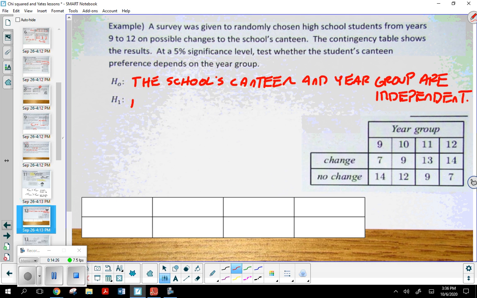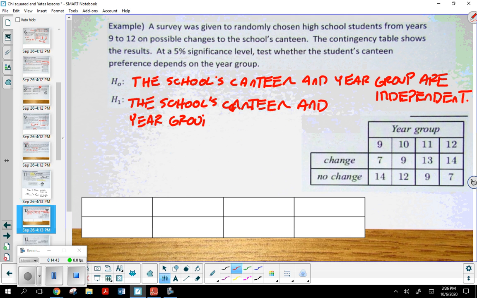So I'm going to say the school's canteen and year group are not independent. And you could even just go ahead and say are dependent. That would be just as fine.